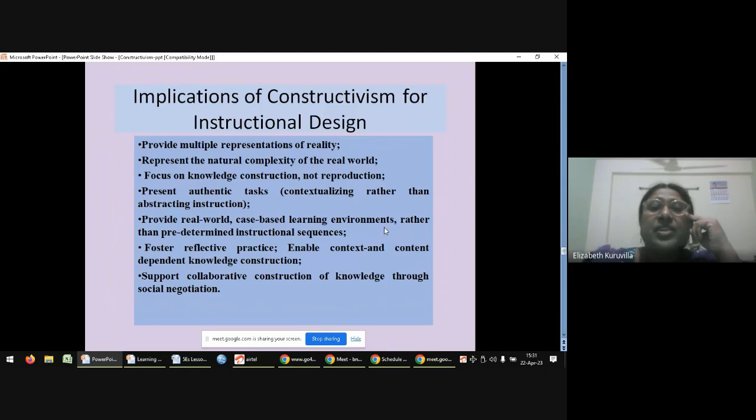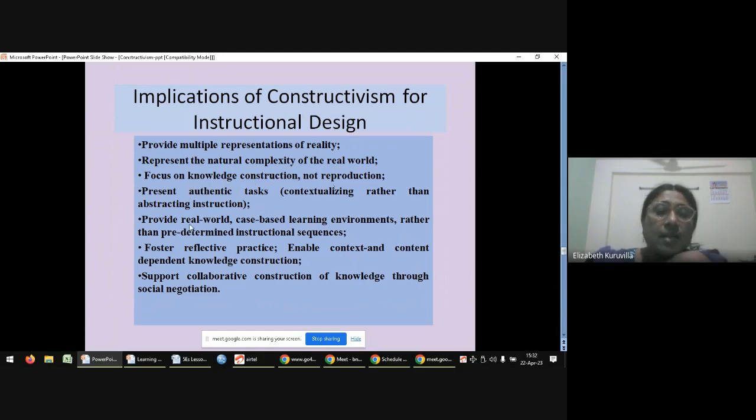What are the implications of constructivism for instructional design? It provides multiple representations of reality, represents the natural complexity of the real world, focuses on knowledge construction, not reproduction. Now, in the traditional classroom, we are giving emphasis to knowledge, to reproduction, but in the constructivist classroom, knowledge construction is given importance.